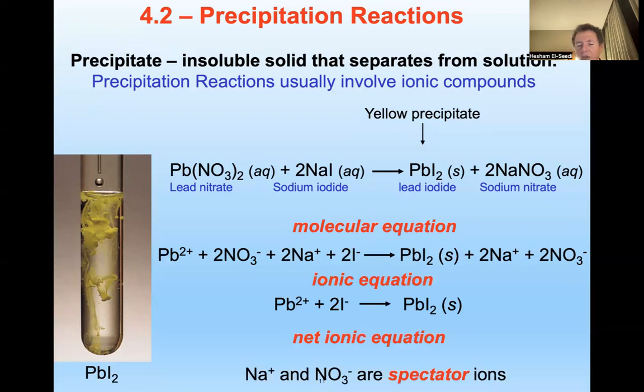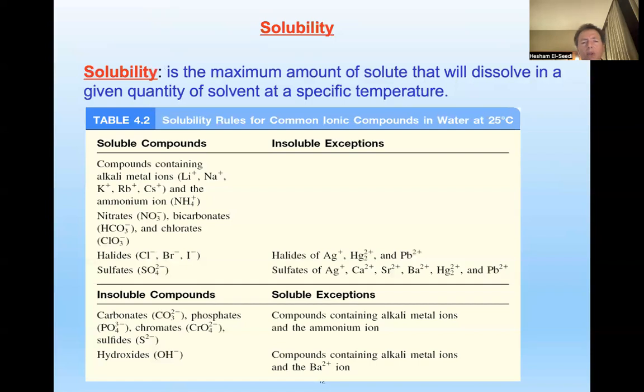Sodium and nitrate, as I told you, will be in solution. From this point of view, we will talk about solubility. Solubility, as I have shown you, is the maximum amount of solute which dissolves in the solvent at a specific temperature. So it gives you a clear solution.